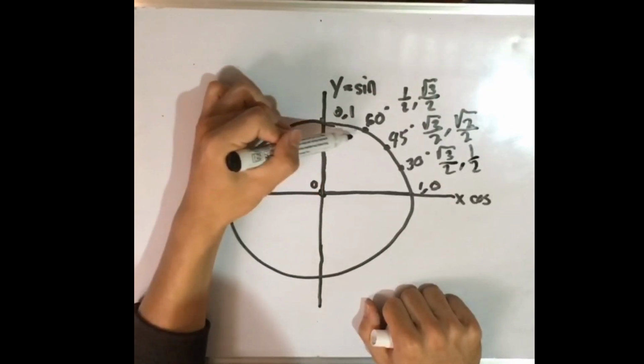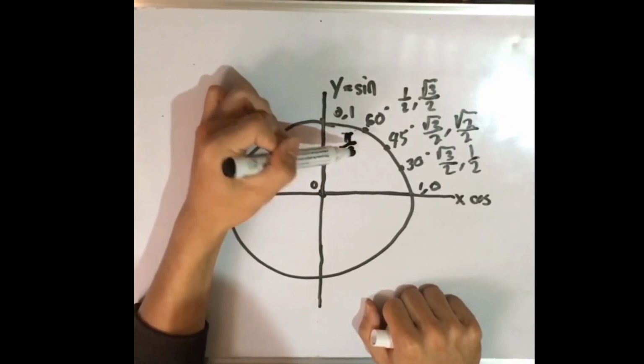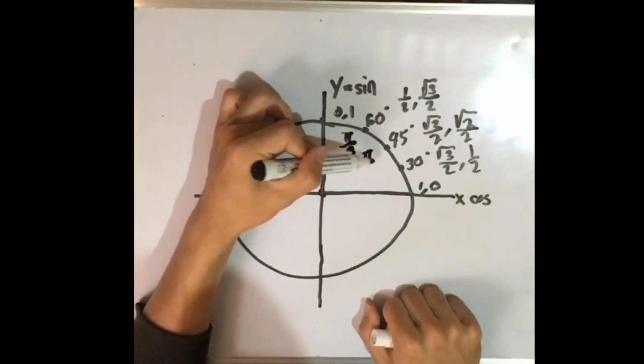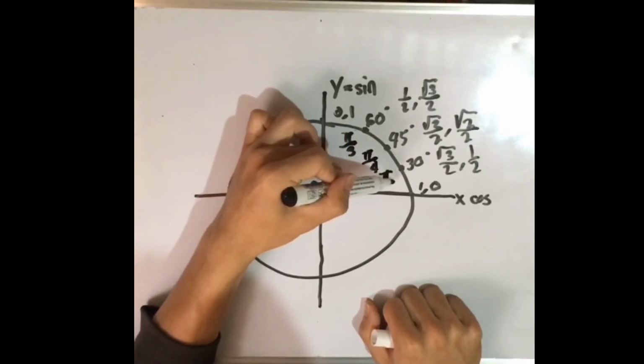The equivalents of these are pi over 3, pi over 4, and pi over 6.